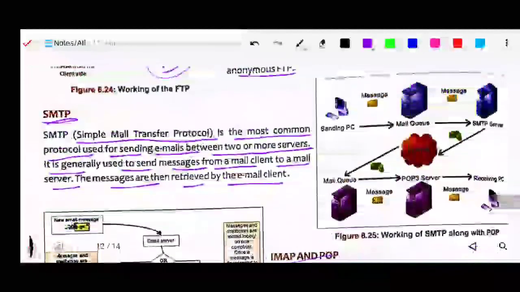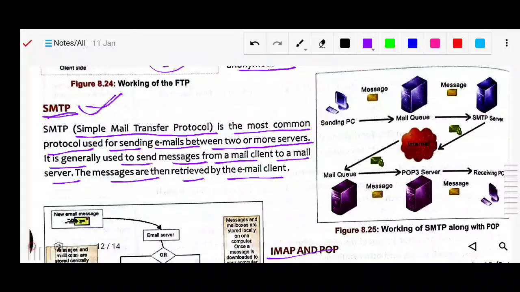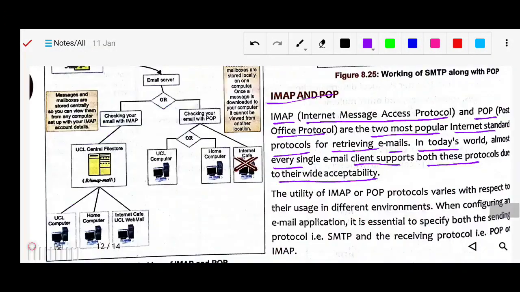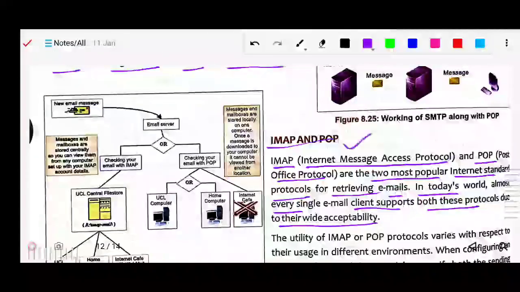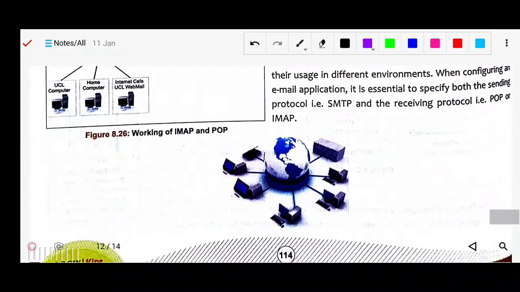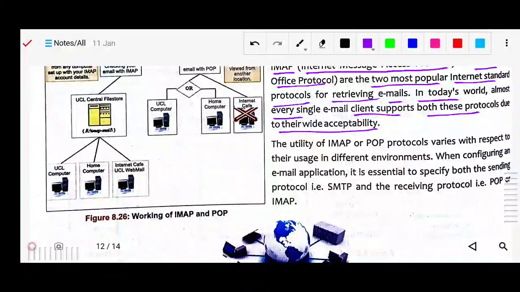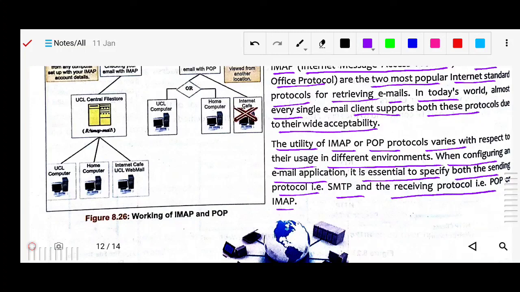SMTP was used earlier, but nowadays more devices support IMAP and POP, so all these email services have switched to these protocols. The utility of IMAP and POP varies with respect to their uses in different environments. When configuring an email application, it is essential to specify both the sending protocol, SMTP, and the receiving protocol, POP or IMAP.